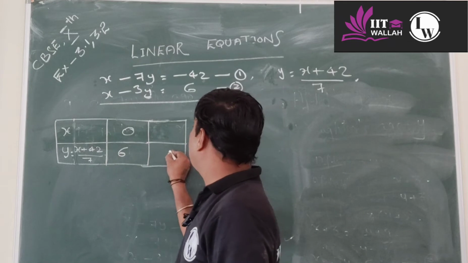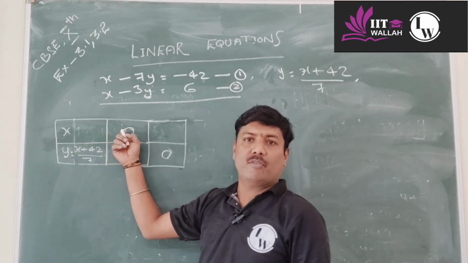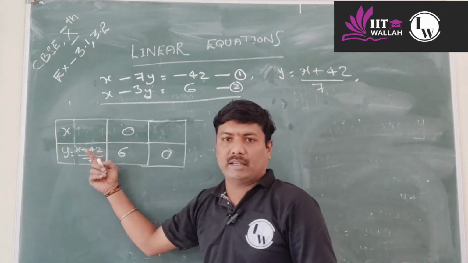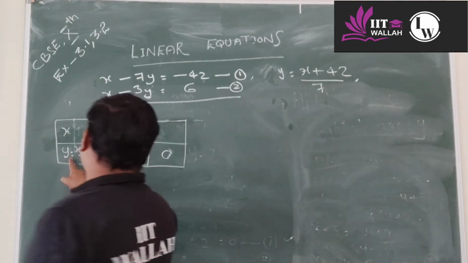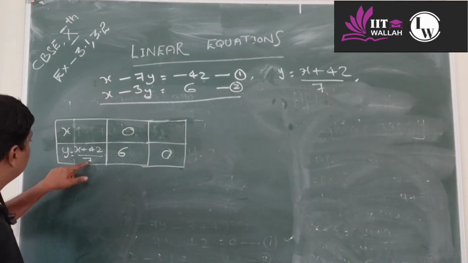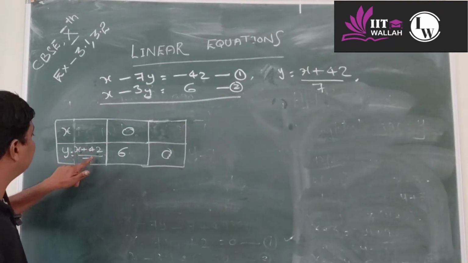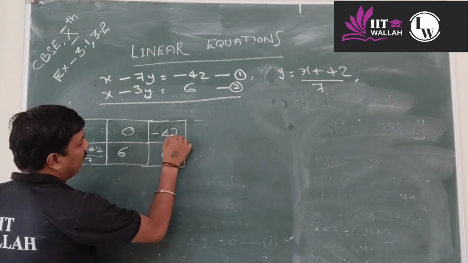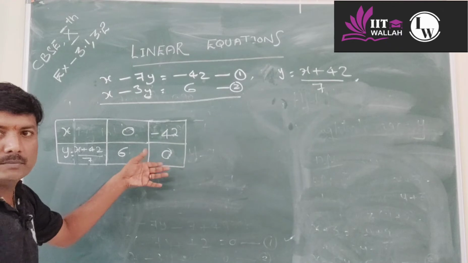Now take y is equal to 0. Okay, first you take x equal to 0, find the corresponding value of y. Then you take y is equal to 0, find the corresponding value of x. If y is equal to 0, x plus 42 is equal to 0. So x is equal to minus 42. So we got 2 points. Right?